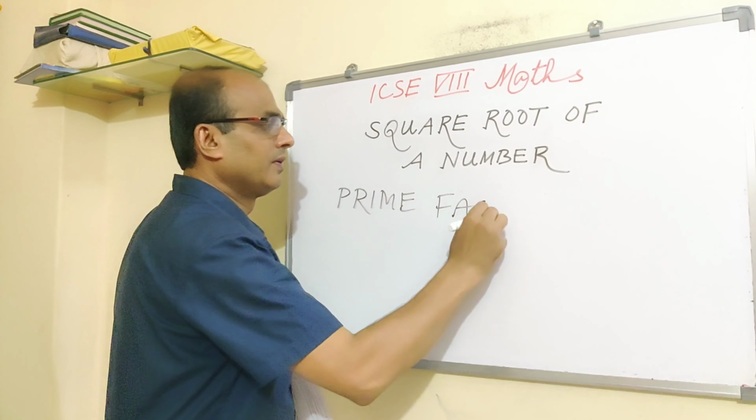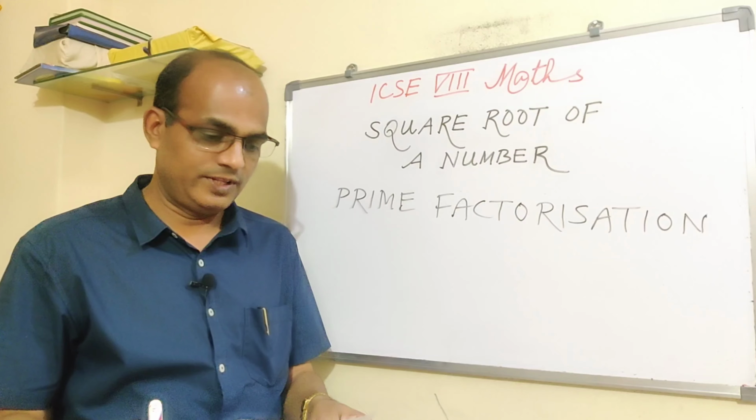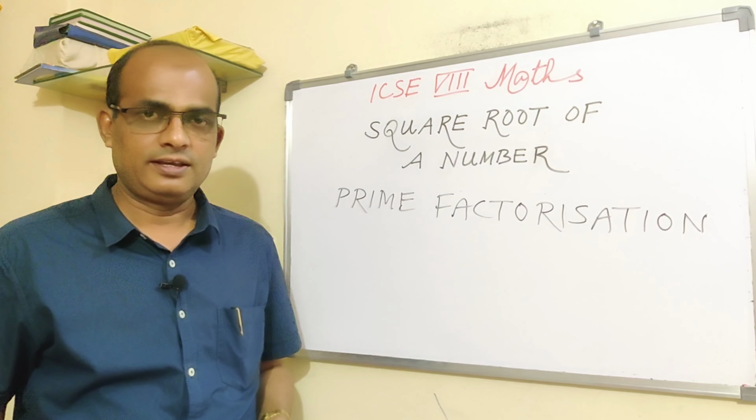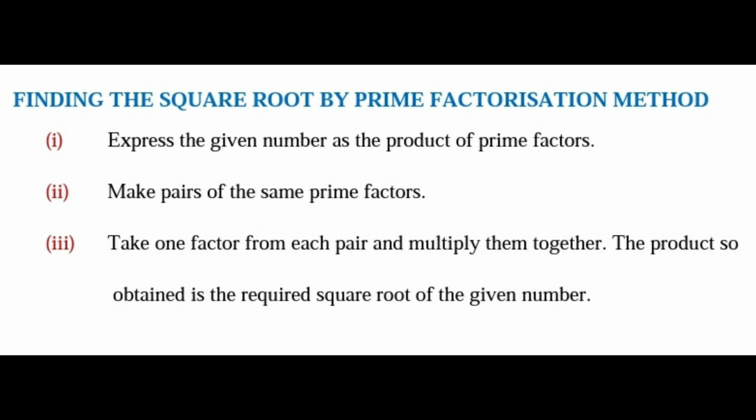What is it? I'm telling you. There are 3 steps that I'm showing you on the screen. Please look at the screen. There are 3 steps. Can you see? Yes. The first step is, express the given number as the product of prime factors.